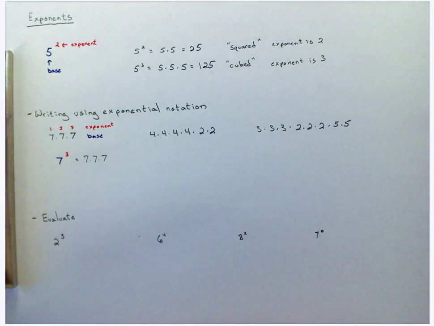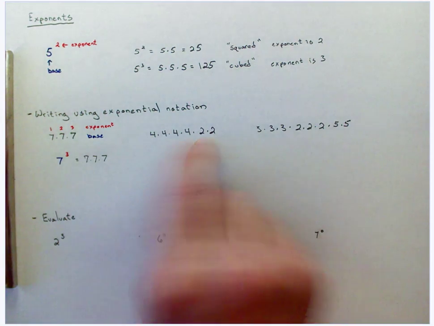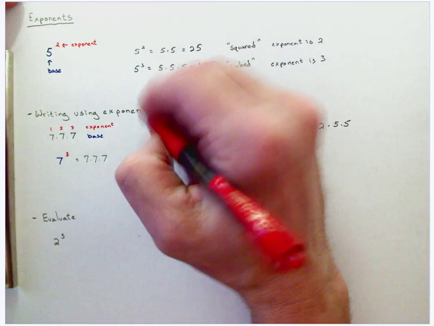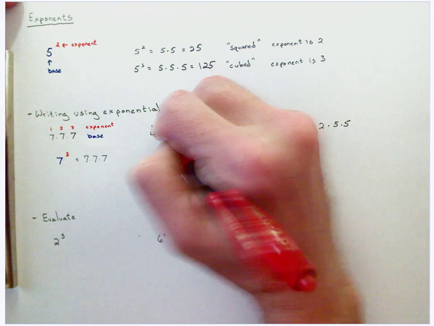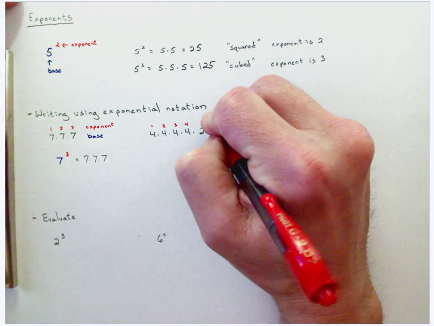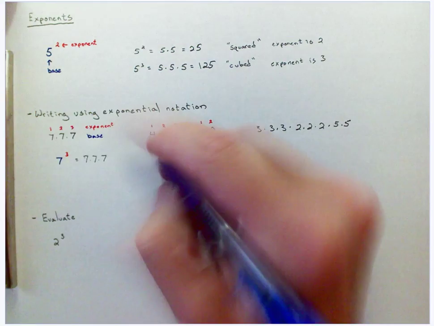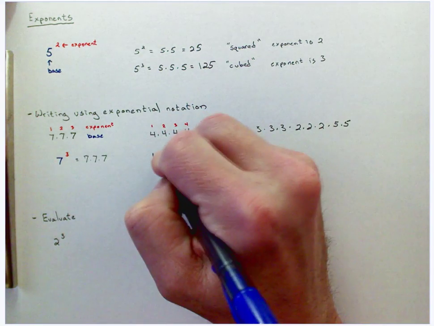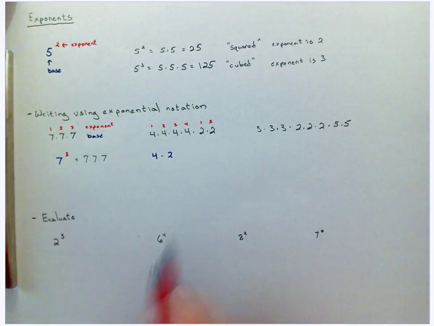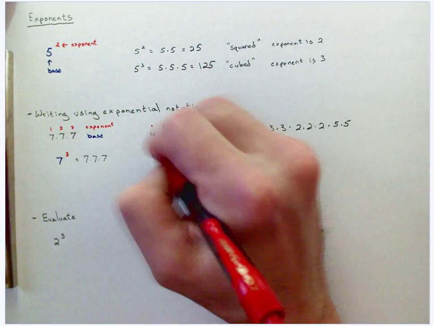Here we have different bases. So I need to look at this and say, okay, there's 1, 2, 3, 4, and there's 1, 2. So I know that I have a base of 4 times a base of 2. For my base of 4, the exponential power is 4.